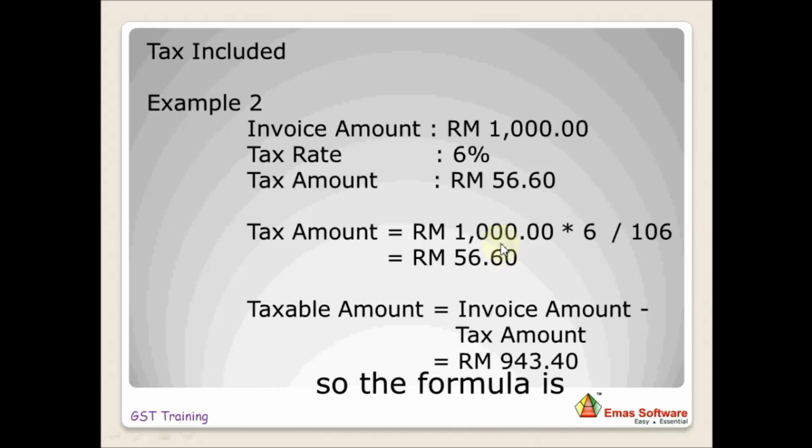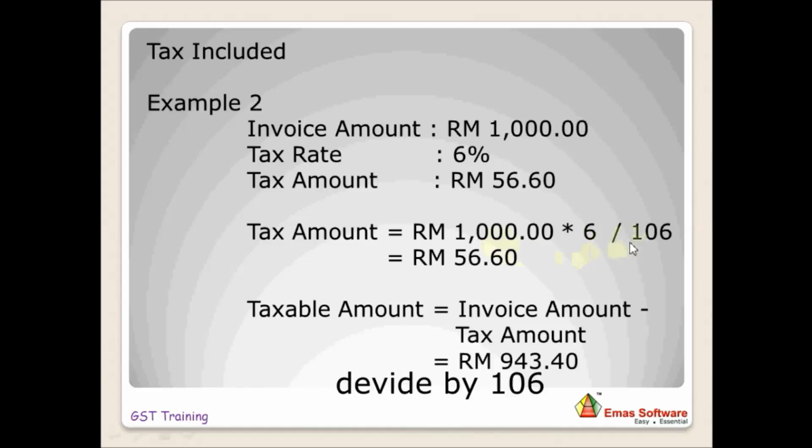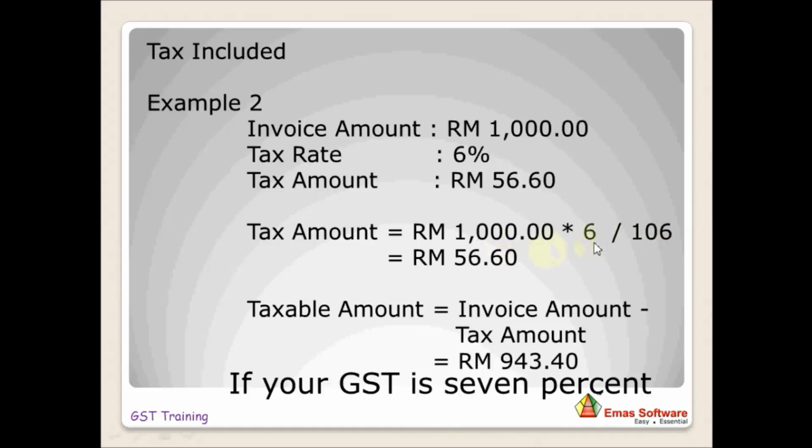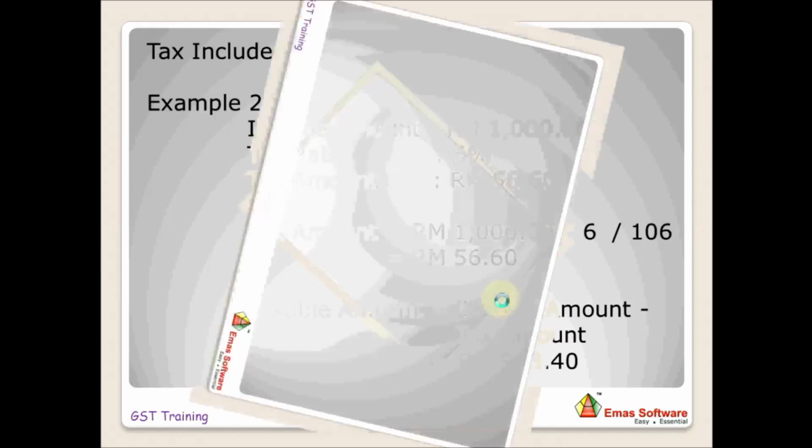So the formula is, if your GST rate is 6%, times 6 divided by 106. If your GST is 7%, times 7 divided by 107. So the invoice amount after deducting the GST amount is not 1,000, it's $943.40.